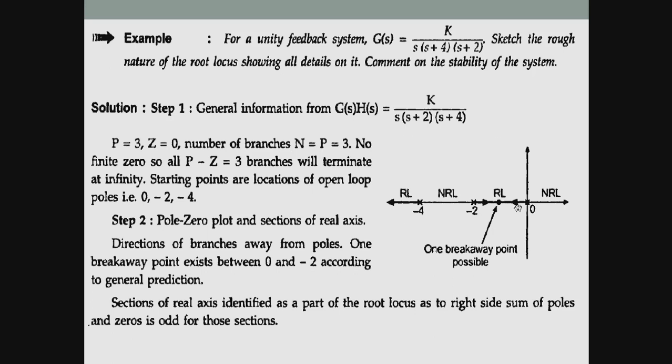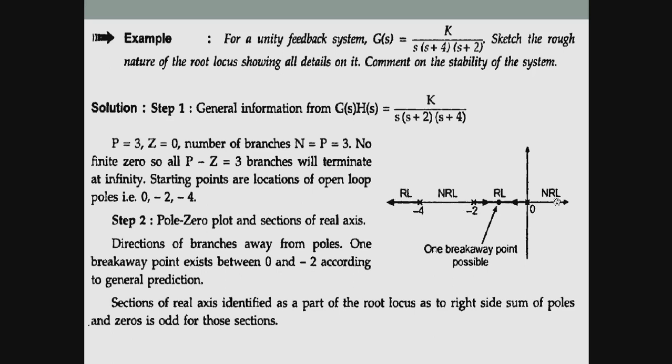The poles we have are at s equal to 0, minus 2 and minus 3. So place them, one is here, another is here. Then check whether the root locus exists between them or not. From this point there will be a root locus existing, since there is an odd number. If I take this section, on the right side there is only one pole, so it is an odd value, then the root locus exists.